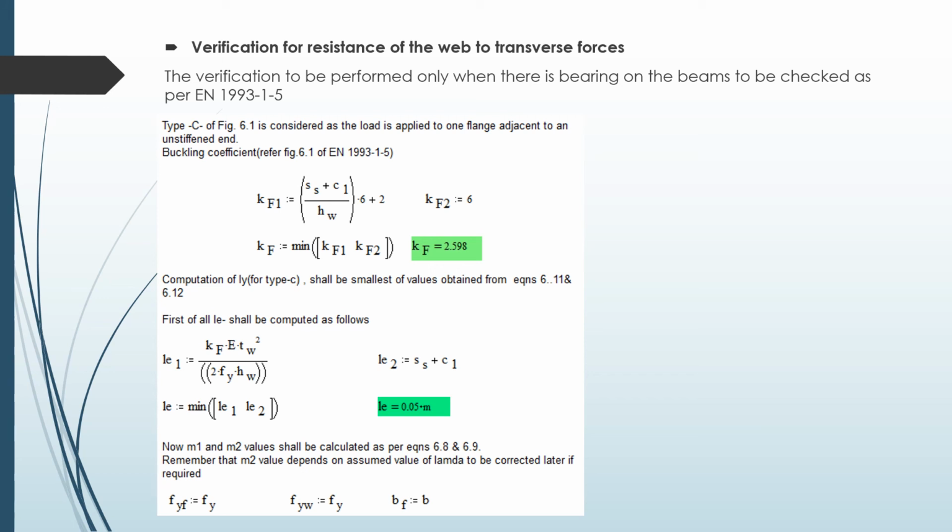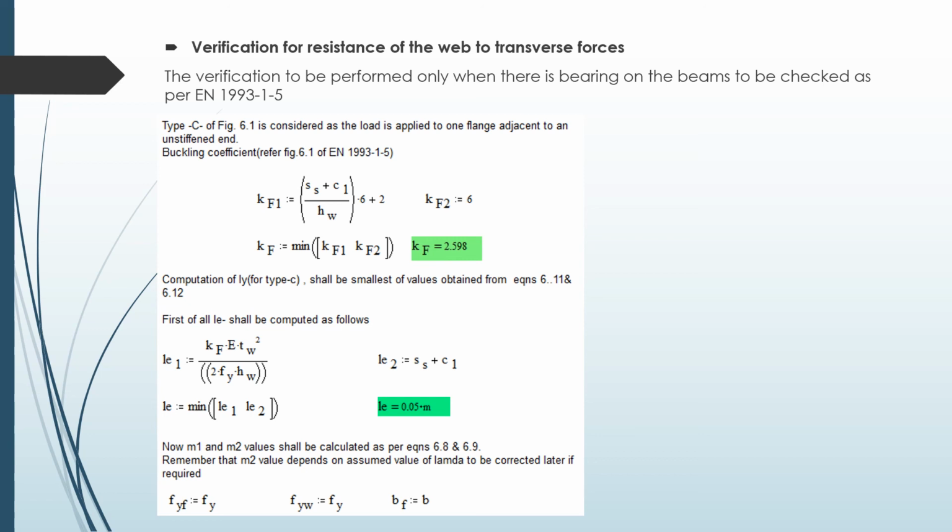Next we shall go for the computation of the effective length le, which is obtained as le1 equal to kF into E into tw squared divided by 2 fy into hw, and EC3 says this shall be limited to ss plus c1. So we have le obtained as 0.05 meters.